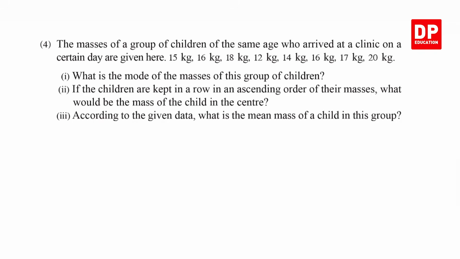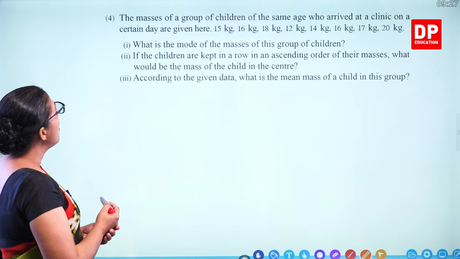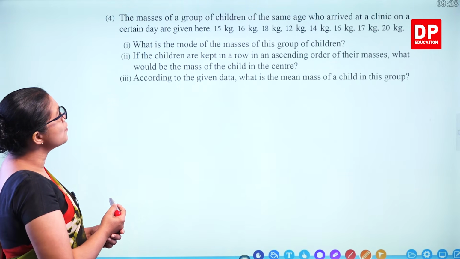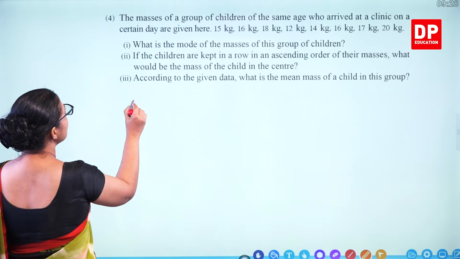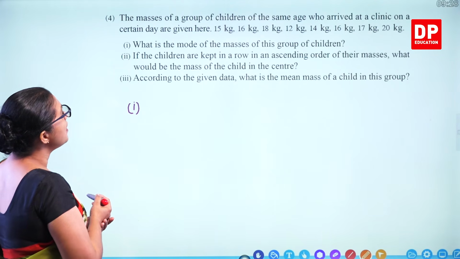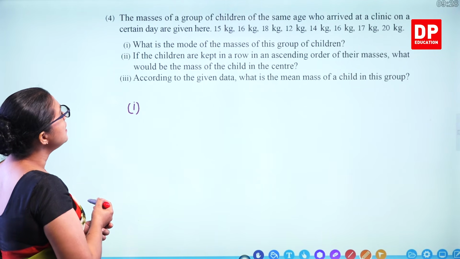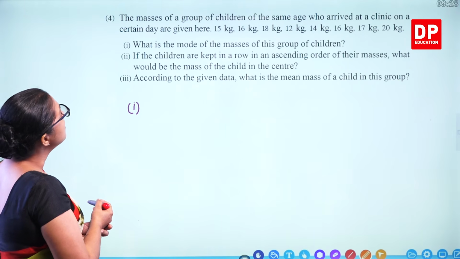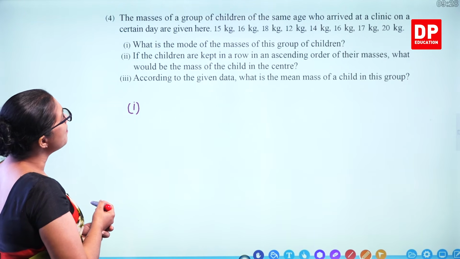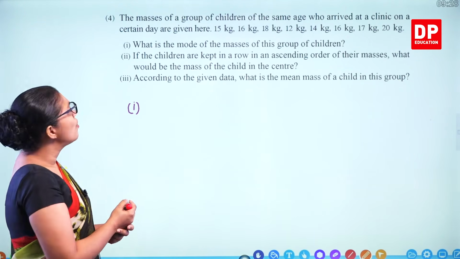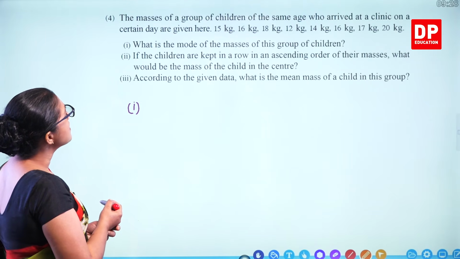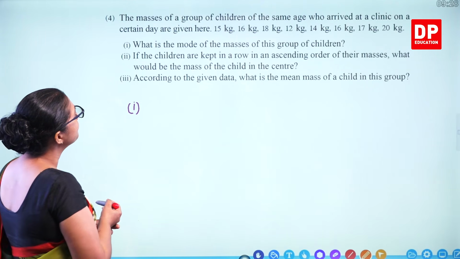The masses of a group of children of the same age who arrived at a clinic on a certain day are given here. What is the mode of the masses of this group of children? Most frequent number. So we'll find out the most frequent number. It's easy when you rearrange this data set in increasing order.